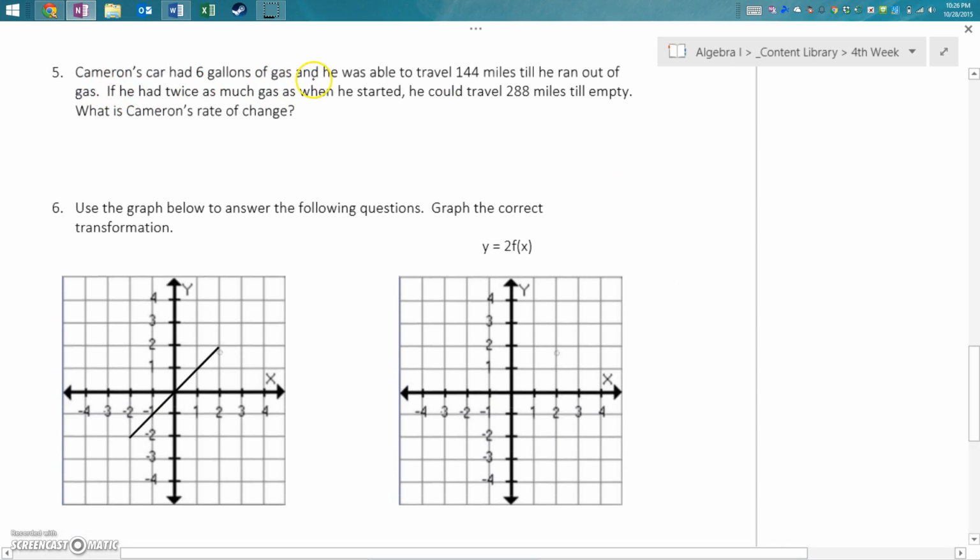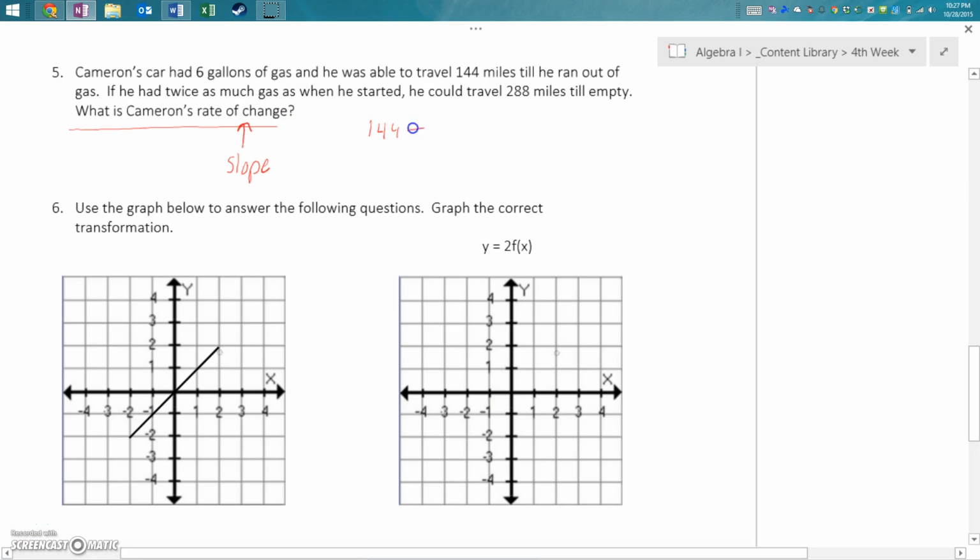So reading through this problem here, I'm going to jump straight to the question. So what is Cameron's rate of change? Now, when we're saying that, what we mean is the slope. So what's the slope in this situation? Well, from 144 miles, we ran out and down to 0.